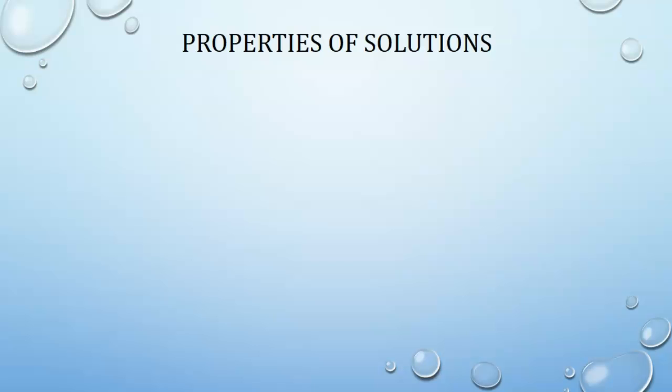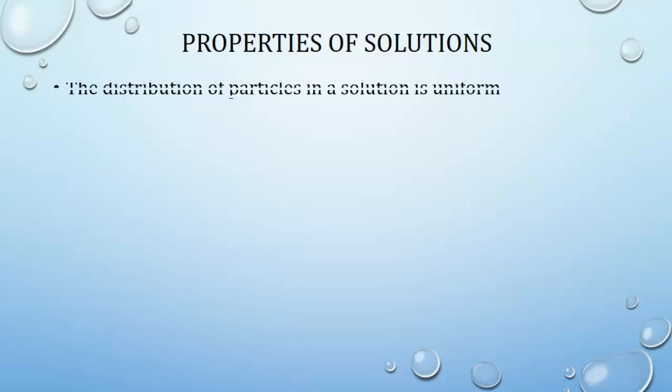So now we're going to go through some properties that all solutions have that make them kind of unique from other types of mixtures. So first of all, again, the definition of a solution is that it has a uniform composition at the molecular level. So its distribution is uniform.